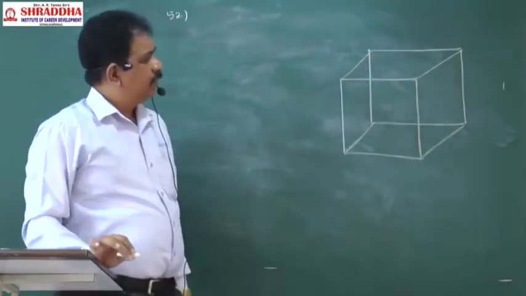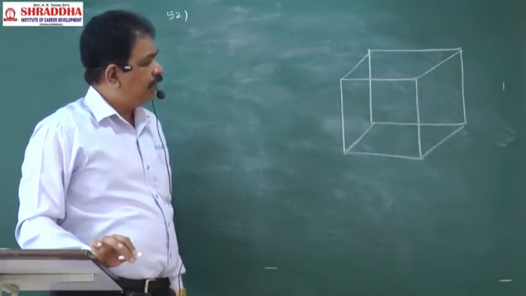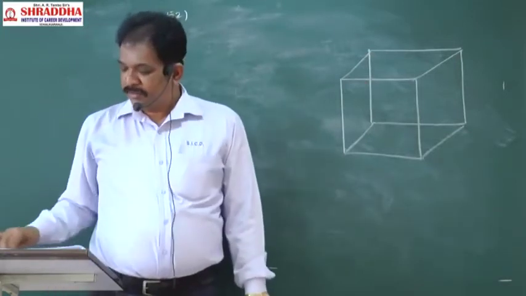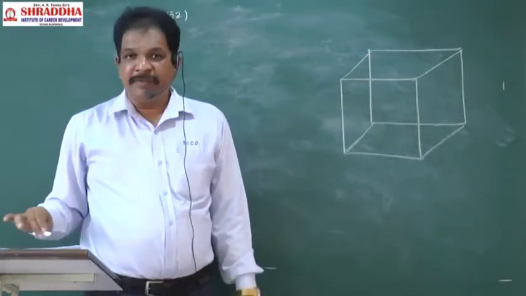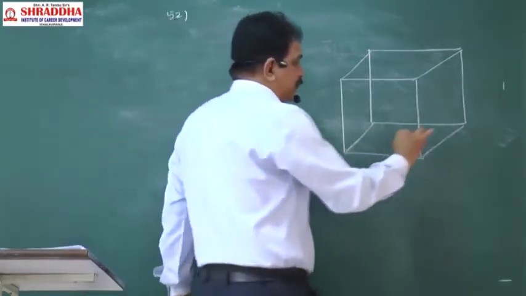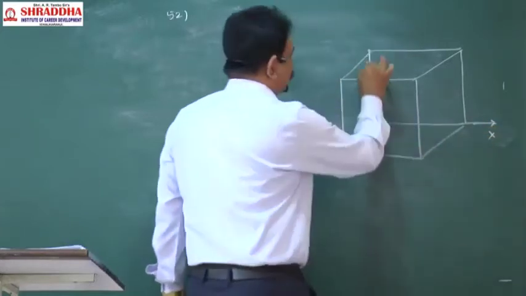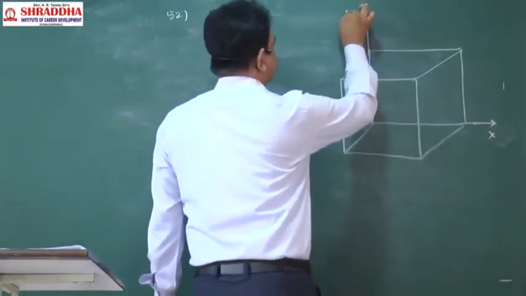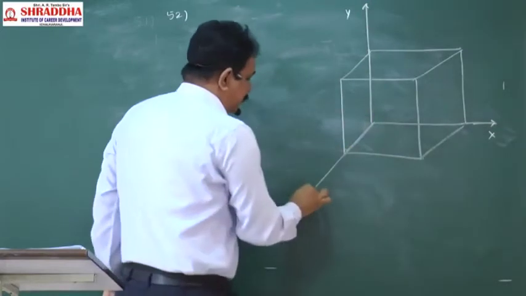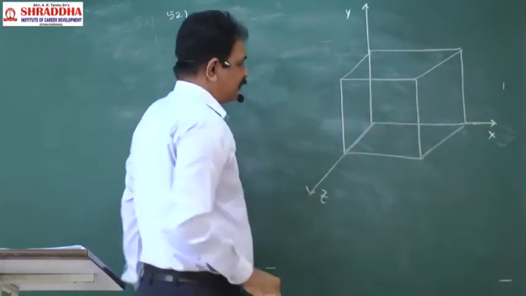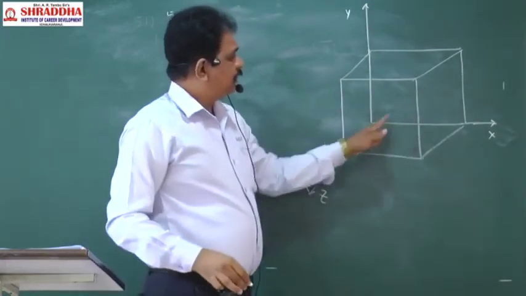Cube. Side of the cube, let it be A, I am assuming. This is the x-axis. This will be the y-axis. This will be the z-axis. Is it clear understanding?